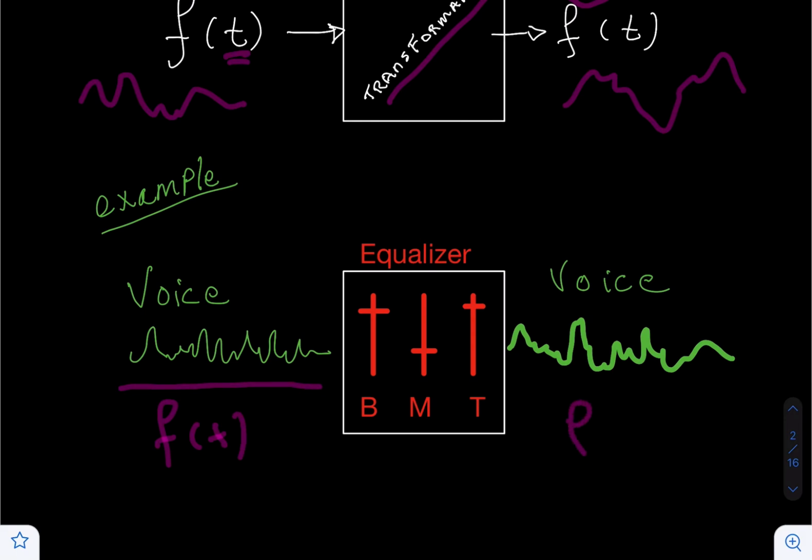And then the transform of that would be your voice, but instead of a flat response, you could increase the bass, crank up the bass, lower the mid, and crank up the higher frequencies, and then your voice would sound different. If you change the equalizer settings, then the transformation would be a bit different.